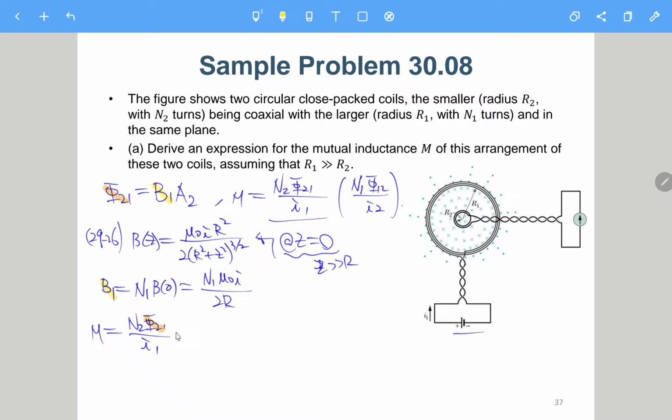So we have N2 over I1 times phi 21. Then we can slightly rearrange the terms.